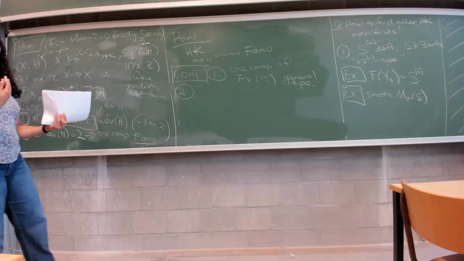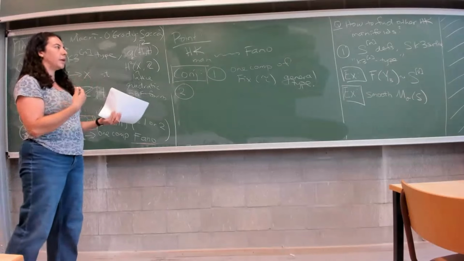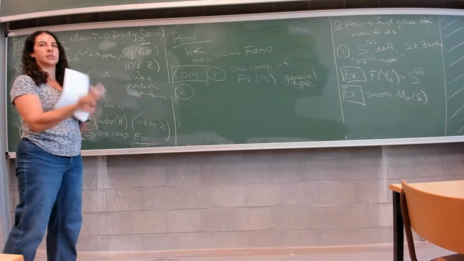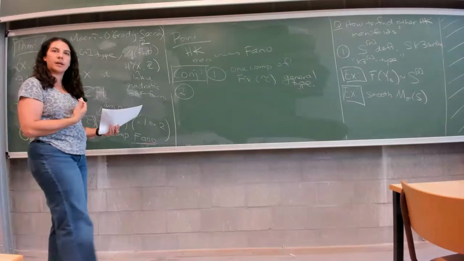I said somehow that we expect this relationship between the hyperkähler and the Fano to be canonical in the sense that it's reflected at the level of derived categories.